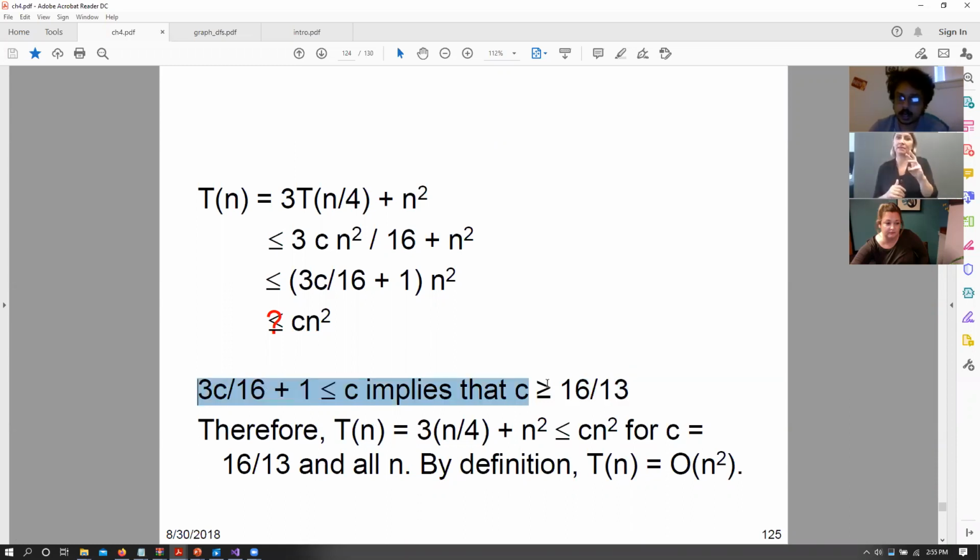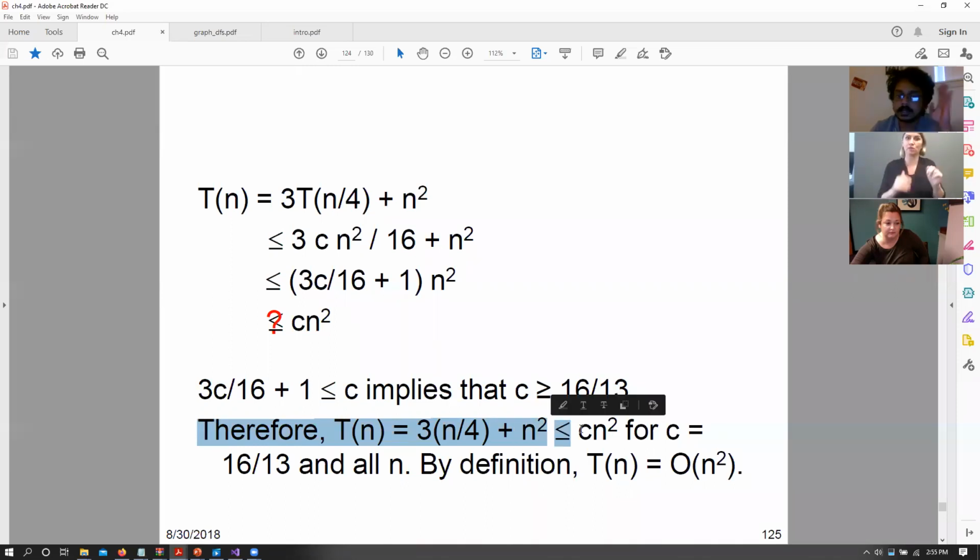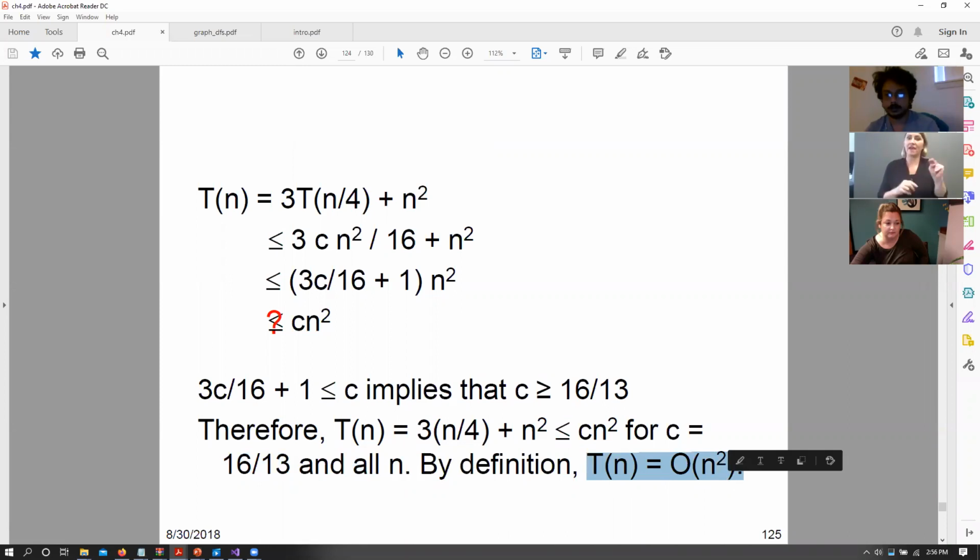If you do not understand how we got from here to the value of c, I want you guys to try it out on your own with the inequality. Let me know if you have any troubles. I'm not going to stay here long. And then, therefore, T(n) equals 3T(n/4) plus n squared is less than cn squared because c has a value of 16 by 13 for all values of n, because we are not assuming any value of n for this particular case. And then we can say T of n equals big O of n squared.